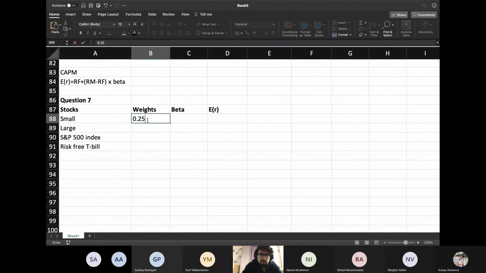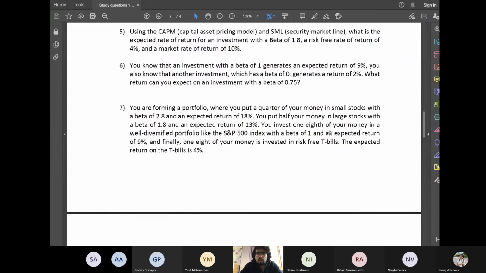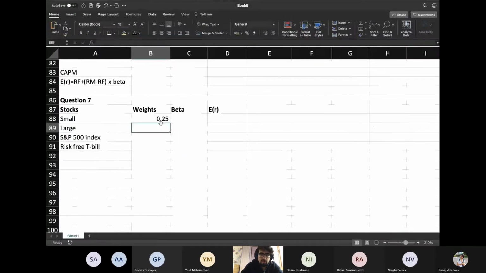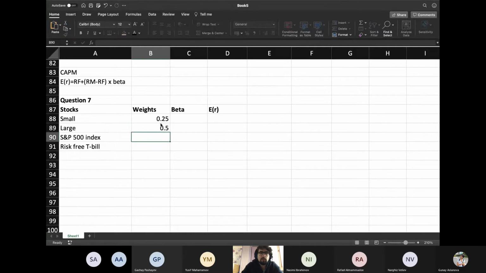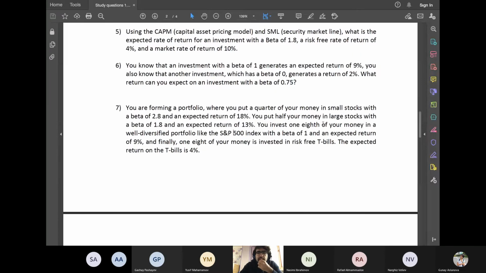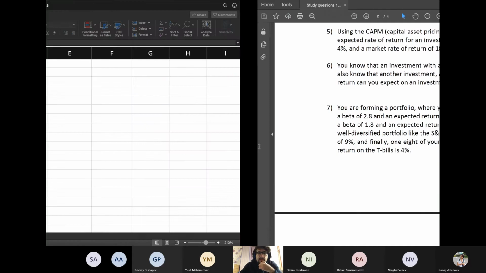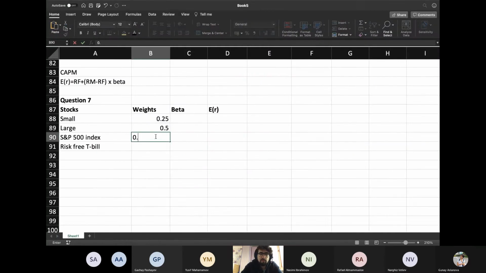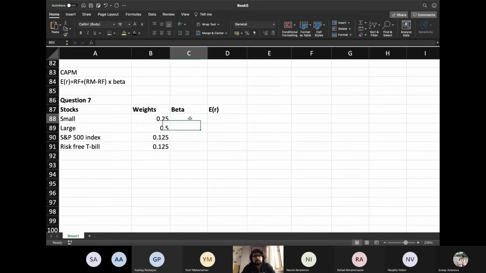Quarter means 0.25. Half of our money in large stock, 0.5. And 1/8 for S&P, 1/8 for risk-free. 0.125 for this and 0.125 for this. The summation of them should be equal to 1, yes.